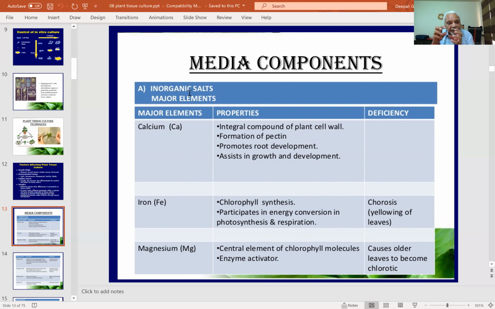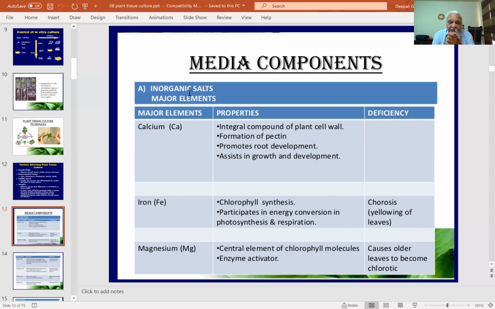And how the major and minor were classified is based on how much the cells require. If an element is required in higher amounts, it was grouped into major elements. And if an element is required in lesser quantities, it was put as a minor element. So, a clear-cut division of major and minor.